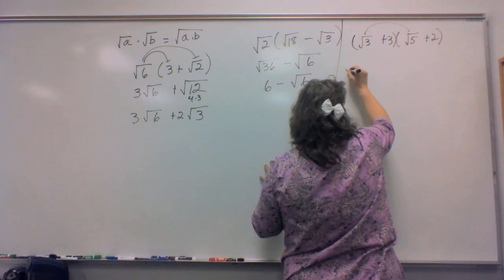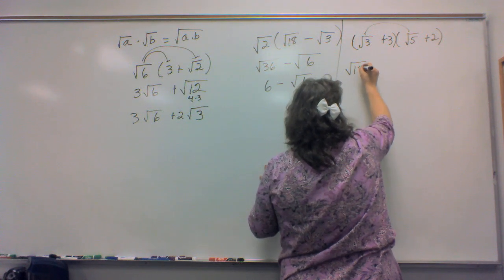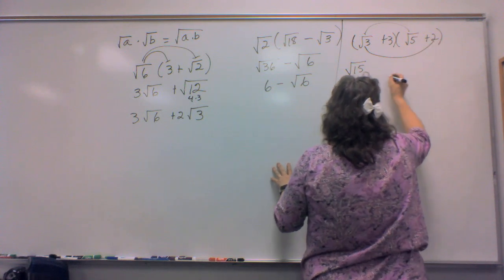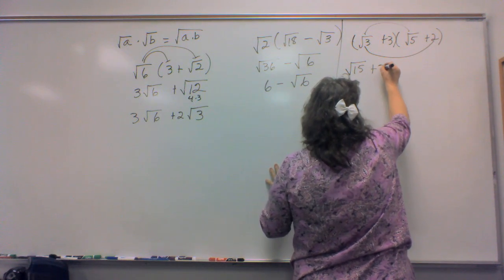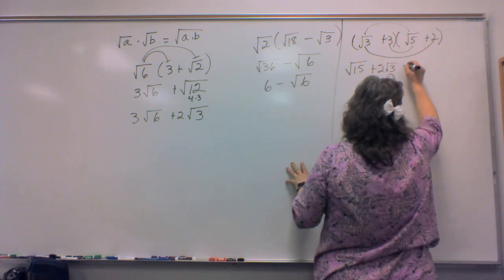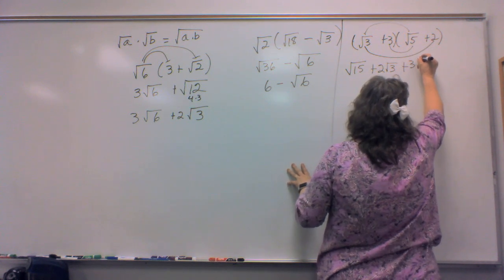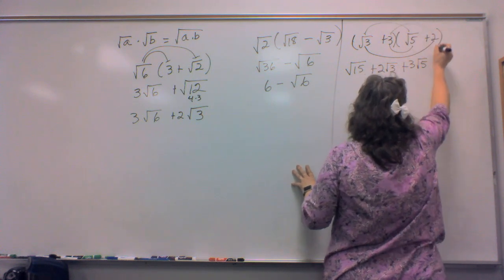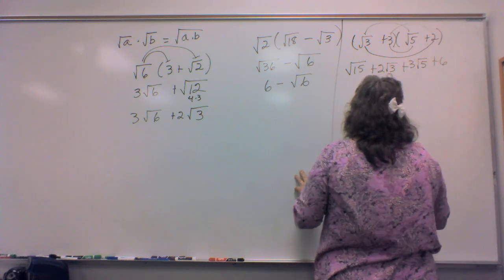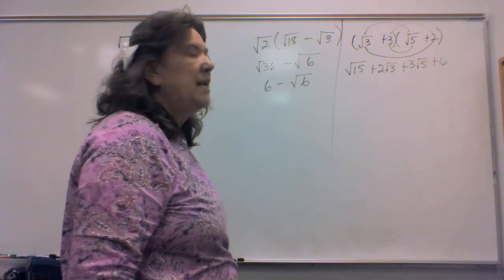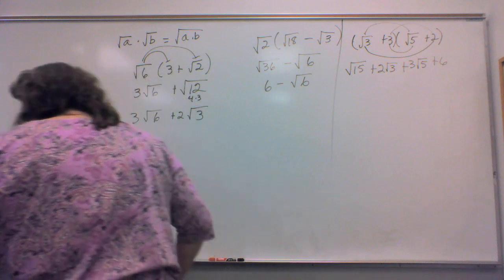They're both inside the house, so you have the square root of 15. Then this one times this one is going to give you plus 2 square root of 3. Then this one times this one, plus 3 square root of 5. And then 3 times 2 is plus 6. Now notice, none of those are like terms, and it cannot be simplified any more than that.